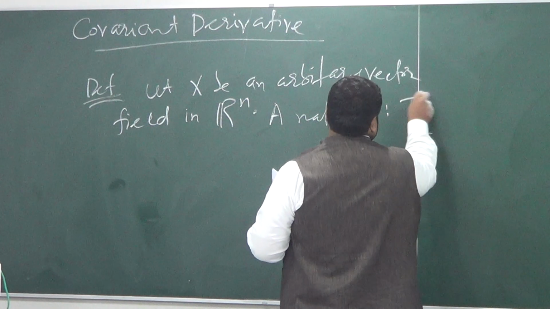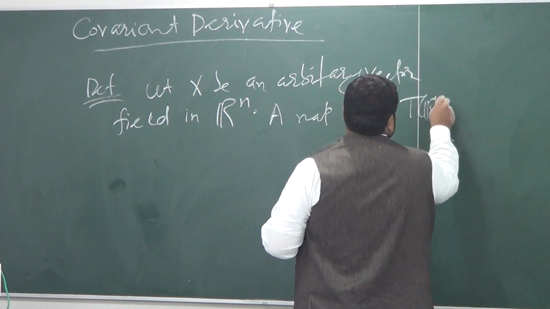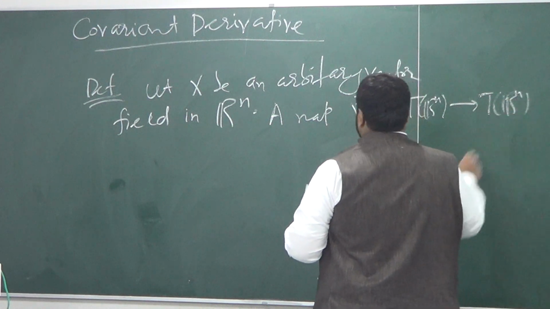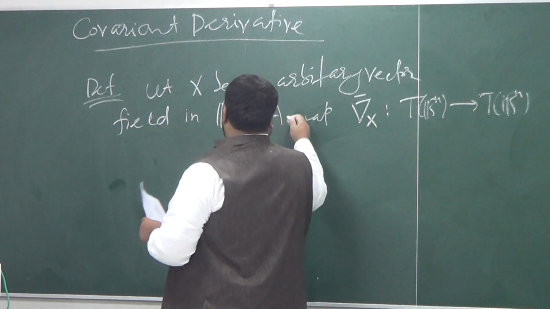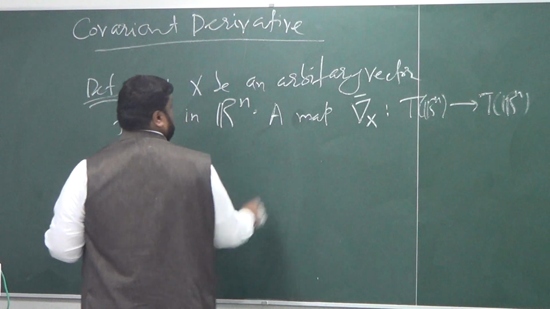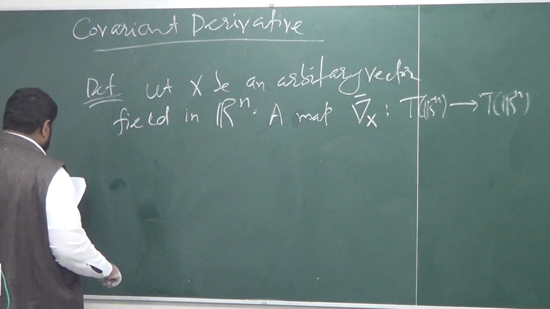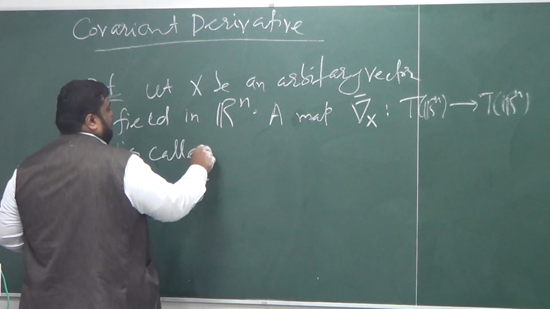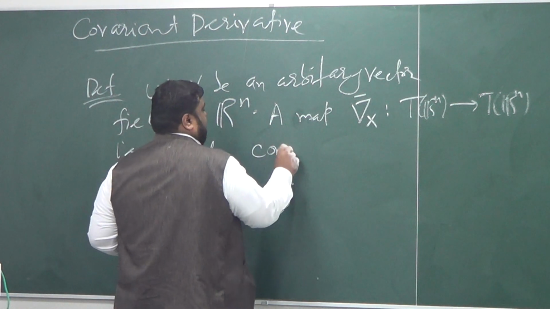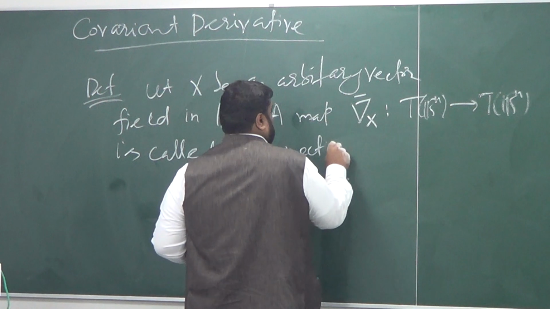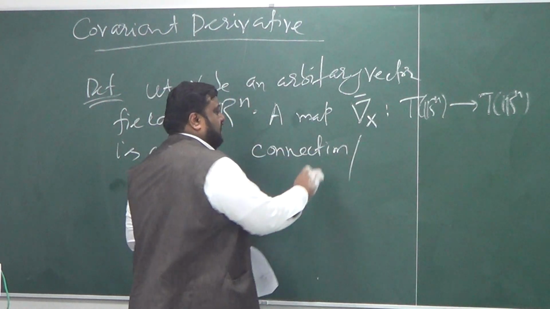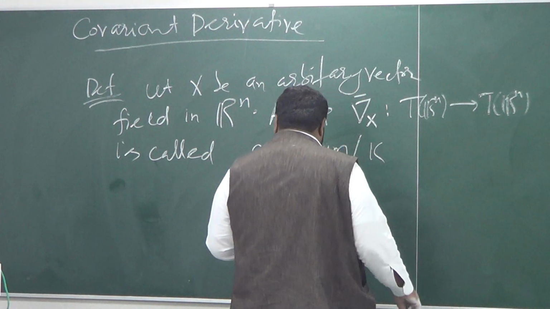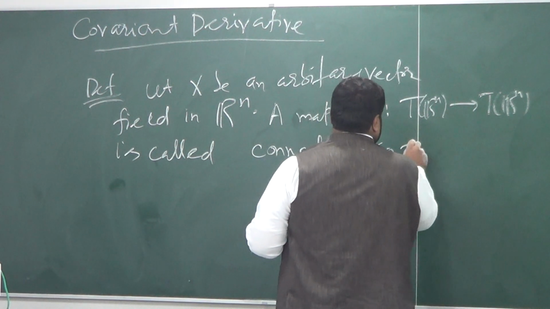It's a map from the tangent bundle of Rn into the tangent bundle of Rn. So this map is called a connection. Or some people like to call it the Koszul connection.